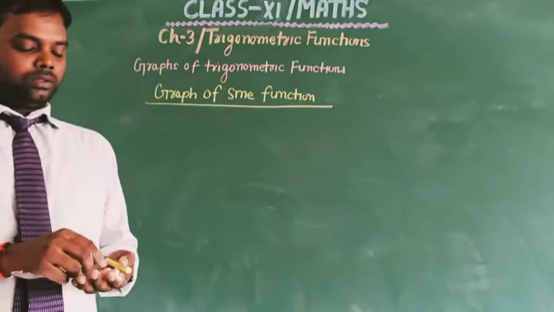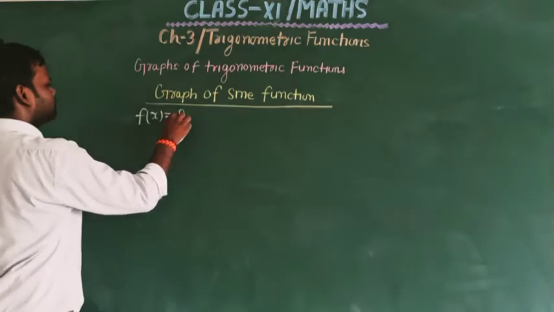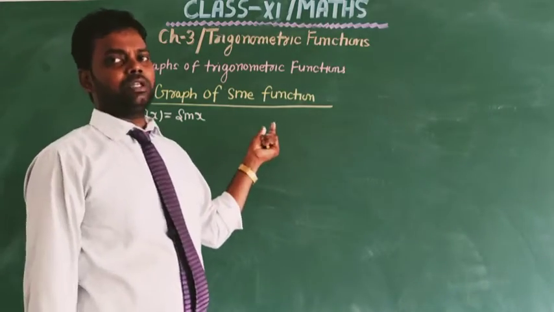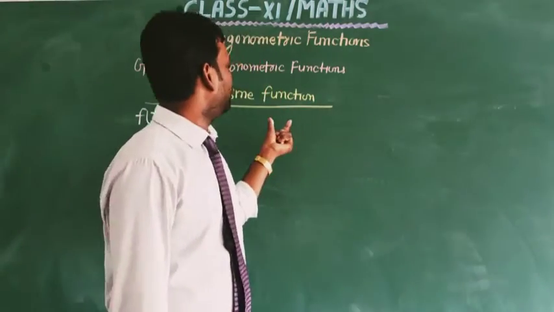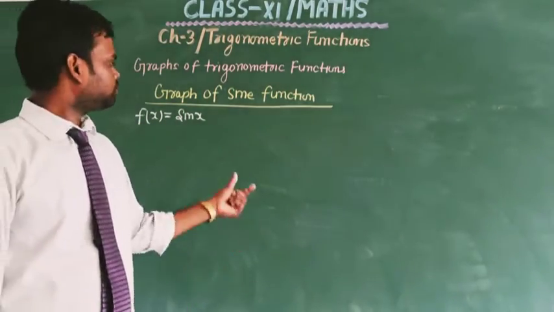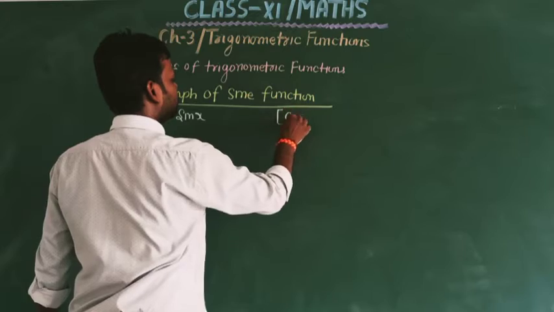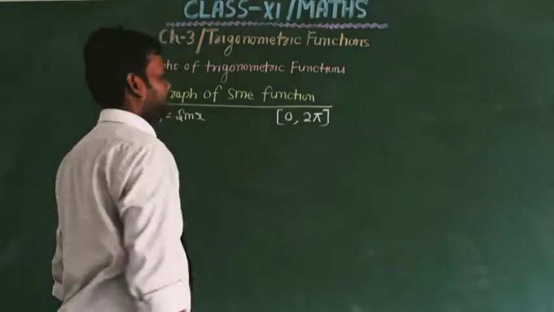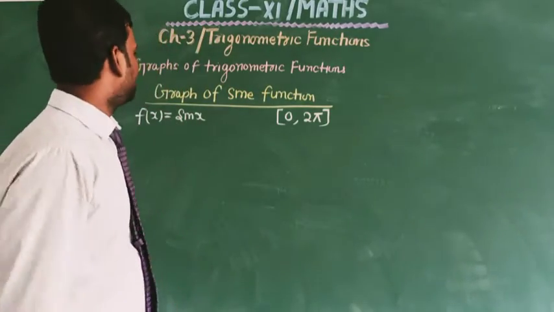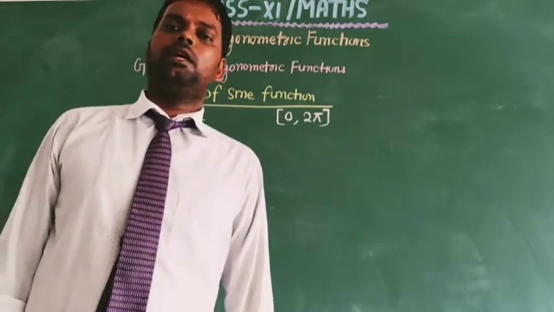So we know that f(x) equal to sin x is a periodic function with period 2 pi. So in order to draw the graph of sin x, we take values in the interval 0 to 2 pi, and we draw the graph of sin x by taking a suitable scale on the xy plane.